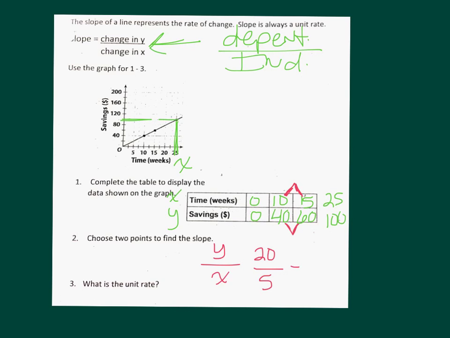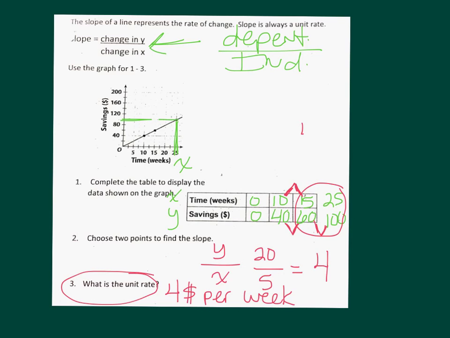If I simplify that, we would say that the slope is 4, or we could say that the unit rate is 4, which means that it's $4 per week. If I tried to look at this one right here, I can figure out that this is changing by 40, and this is changing by 10, and that simplified also gives us a slope of 4, so $4 per week.